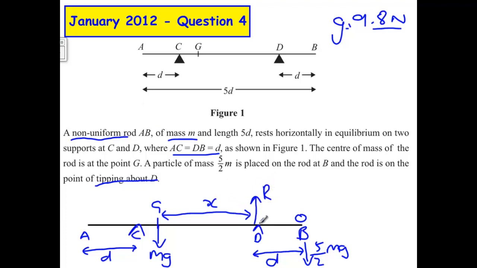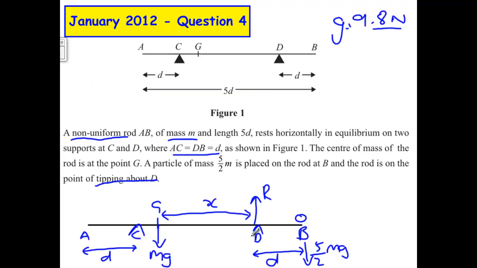If we take moments about D, then that won't be in our equation. Because remember, moments is the magnitude of the force times the distance from the point where you're taking moments at. So I'm going to make it nice and clear for the examiner what it is that I'm doing. I'm just going to write moments at D.